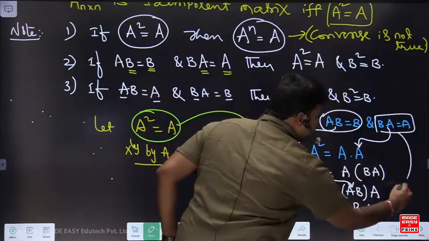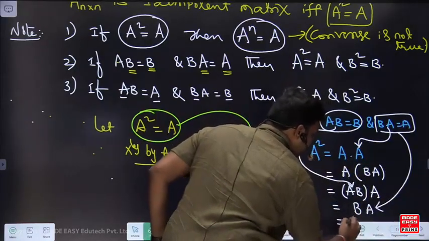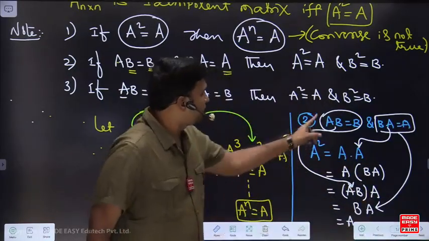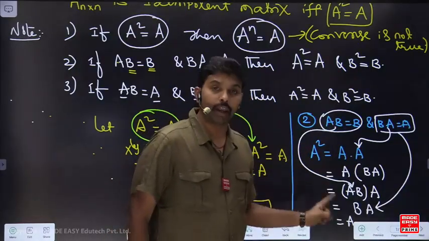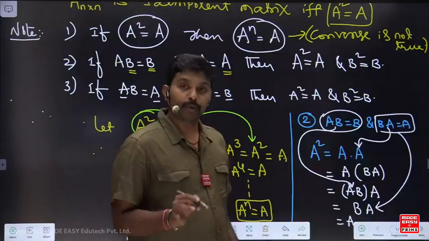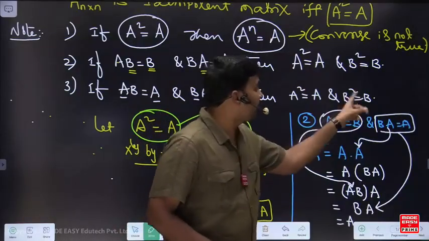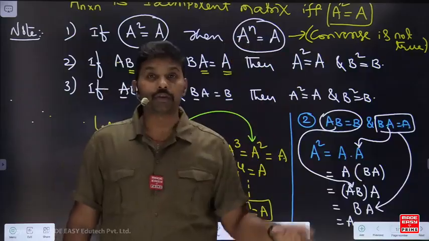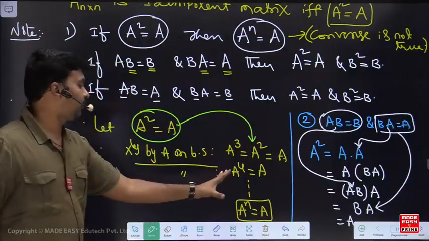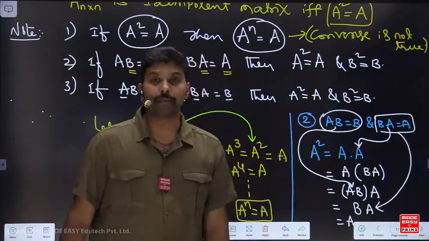But what is BA, beta? BA is A. So using these two things, we are able to prove that A square is equal to A. Similarly, we can prove that B square is equal to B also. I hope you understand, right? These are the properties, and this is the way you have to understand how these things are happening here.